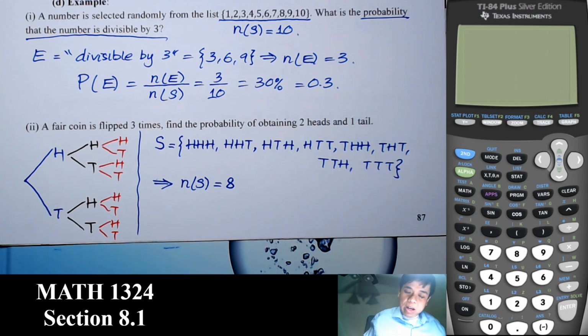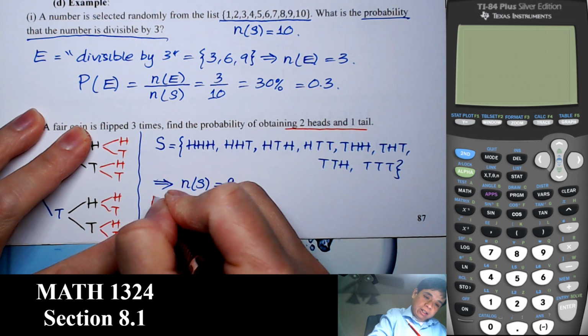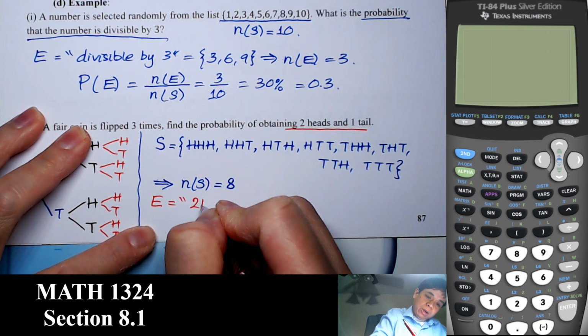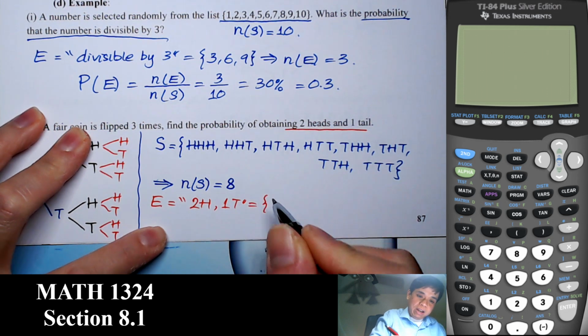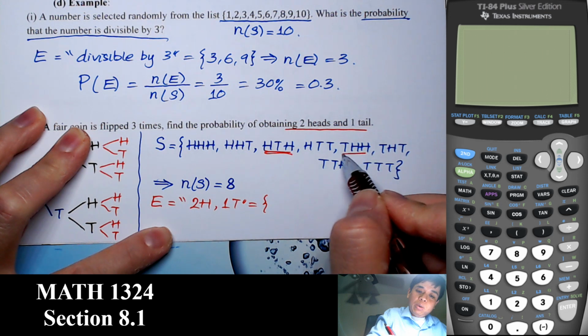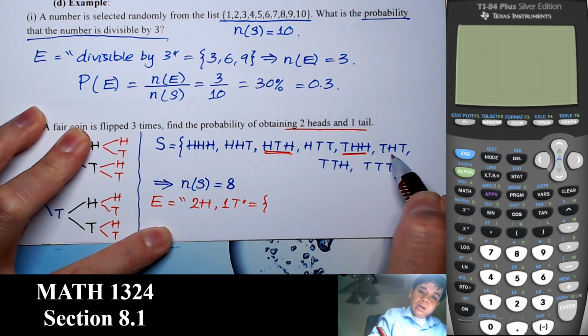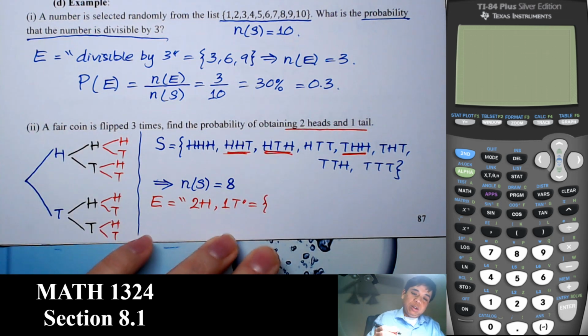Now for an event here, we have 2 heads and 1 tail. So let's just count how many we have here. 2 heads and 1 tail. 2 heads and 1 tail. 2 heads and 1 tail. So there are 3 of them.